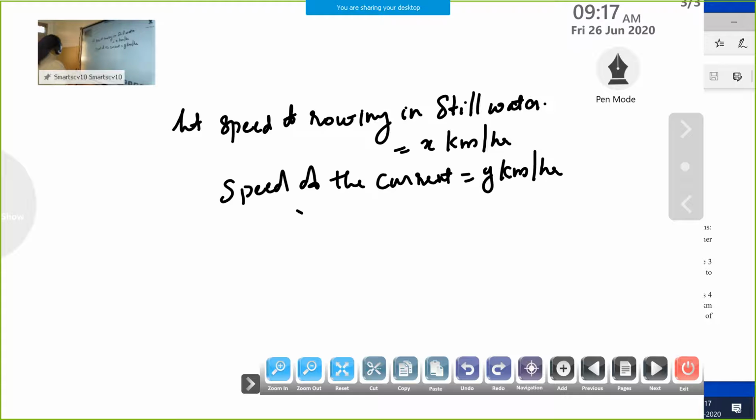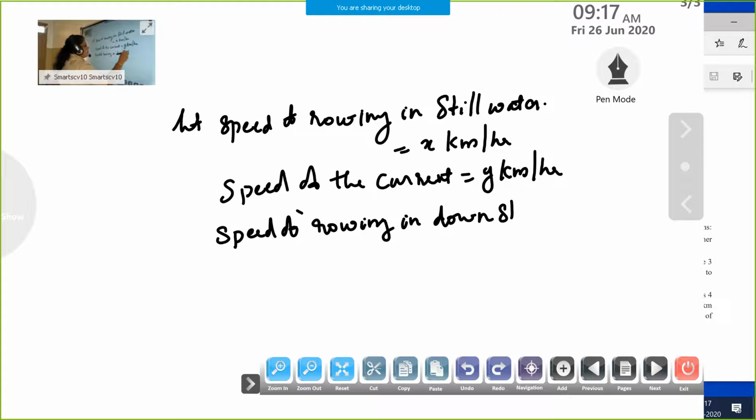Next, write the speed of rowing in downstream. That means the speed of rowing in still water plus the speed of the current, since the speed of the current is on the way. That means the speed of rowing in downstream is x plus y kilometer per hour.